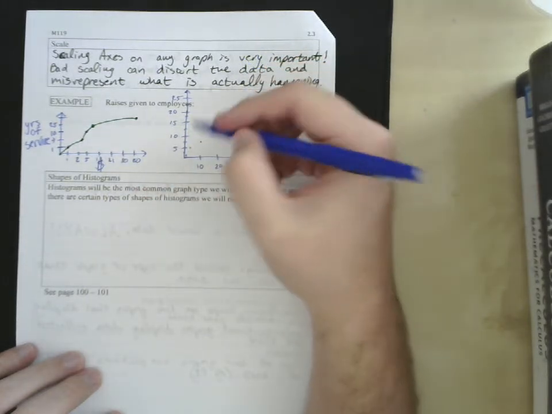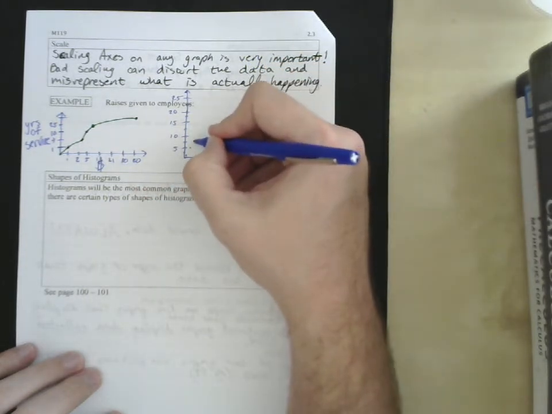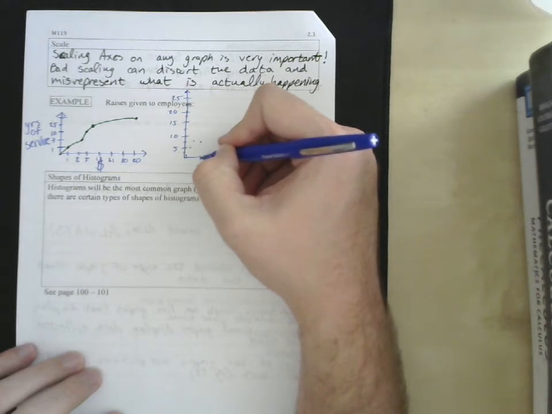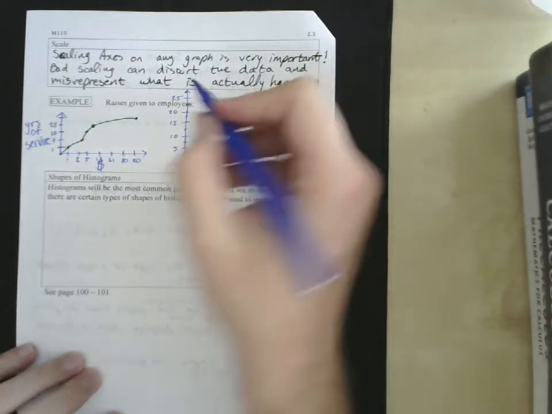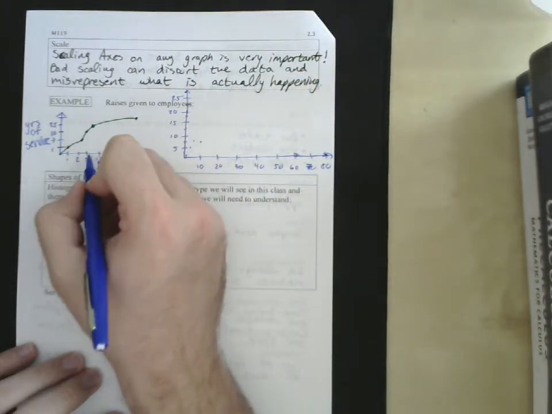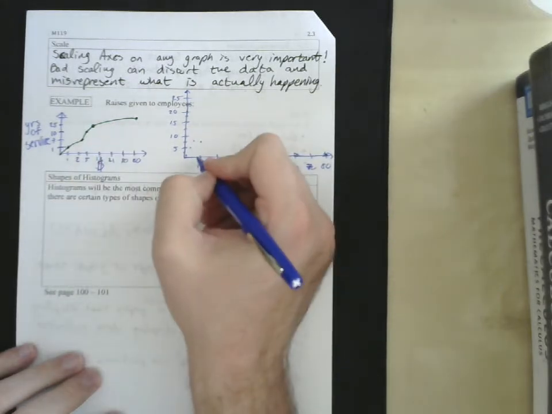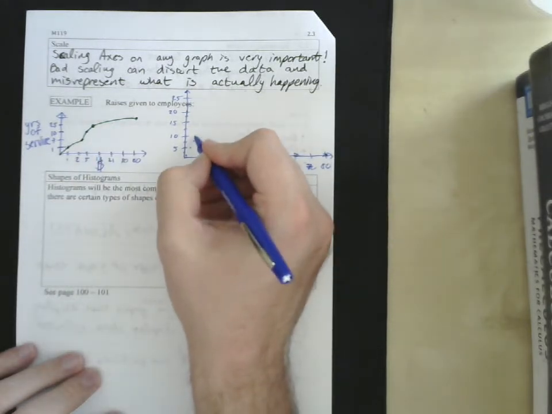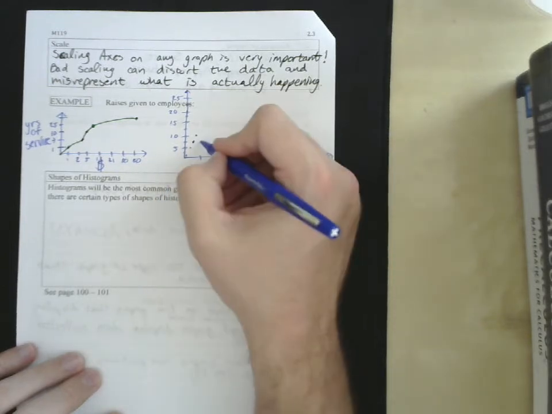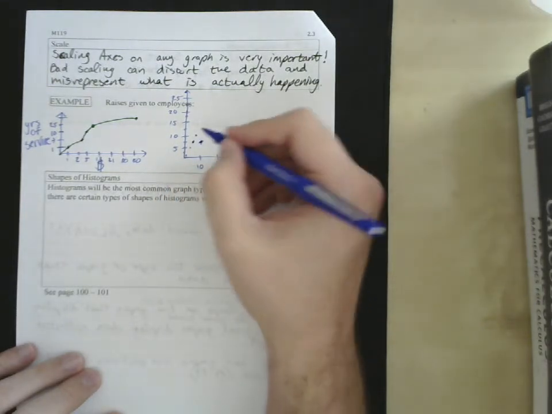Oh no, that's your 5, that's right here. The $10 raise is the 25. The $5 raise is at 10. So that's about here. So let's drop this there and there. Get rid of that point.